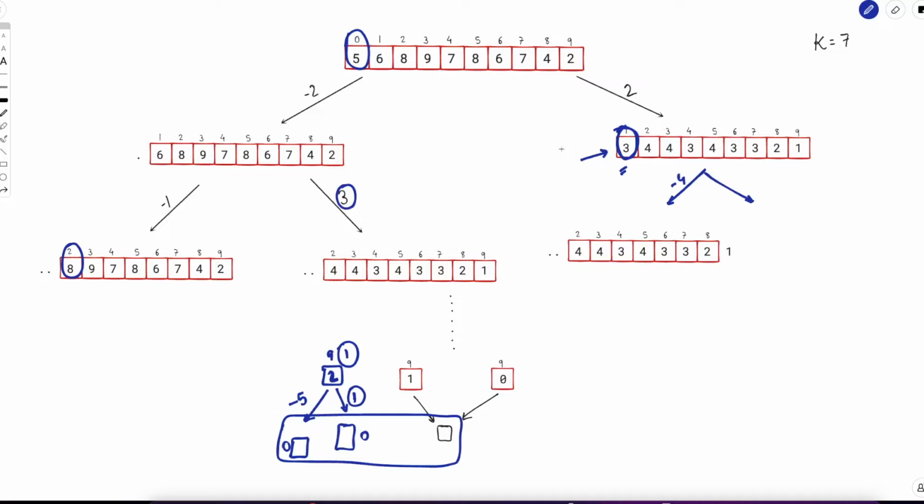The only information we need to keep is how many 2's we need to divide it by, because what is the value of array of I at any given point? Array of I would be this entire thing divided by 2, this entire thing divided by 2, and so on and so forth.